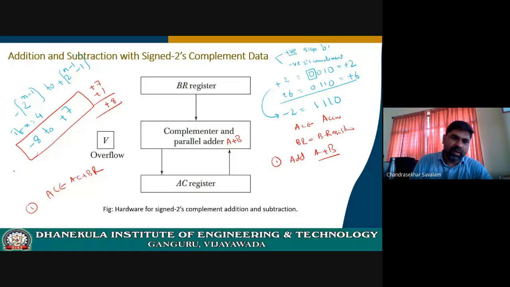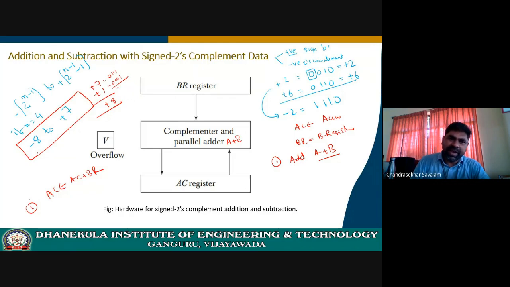That means 0, 1, 2, 3, 4, 5, 6, 7, and then minus 1, minus 8, minus 7, and so on. So if you want to add plus 7, that is 0 1 1 1, plus 1, that is 0 0 0 1, the result should be 1 0 0 0. Actually, this is not a valid 2's complement in this range.